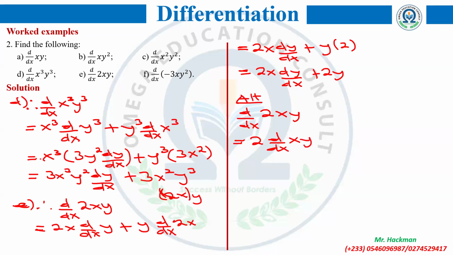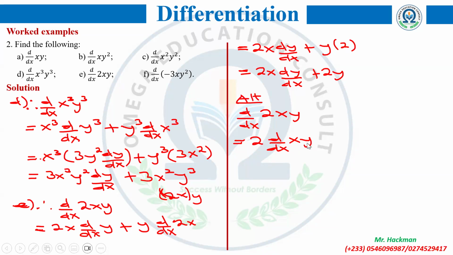All correct. You get it, right? Now my differential operator is affecting xy. xy is the product of x and y. So 2 is multiplying the differential of xy.